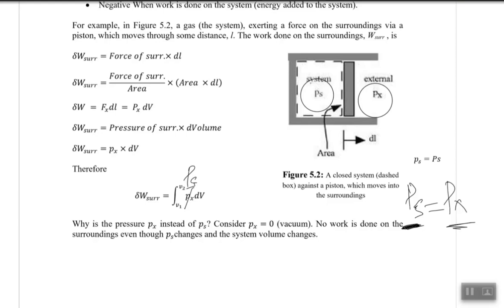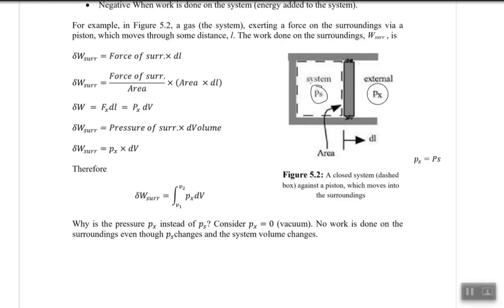Now the question arises: at what point can I consider PS equal to PX? One of the main conditions is if I consider this to be a frictionless piston. If it is a frictionless piston, whatever the change in this one would be equal to the change in this one.